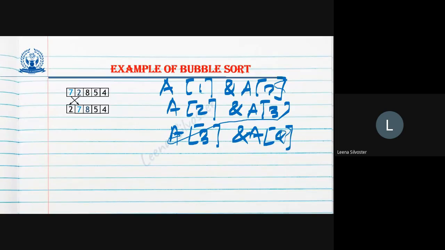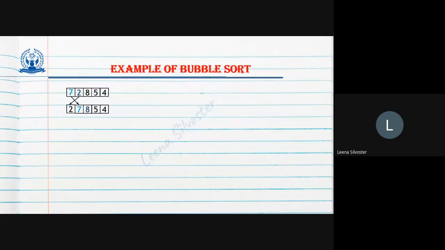So what is the next step? Next, compare A2 and A3. Up to this, 2 is in the right order.